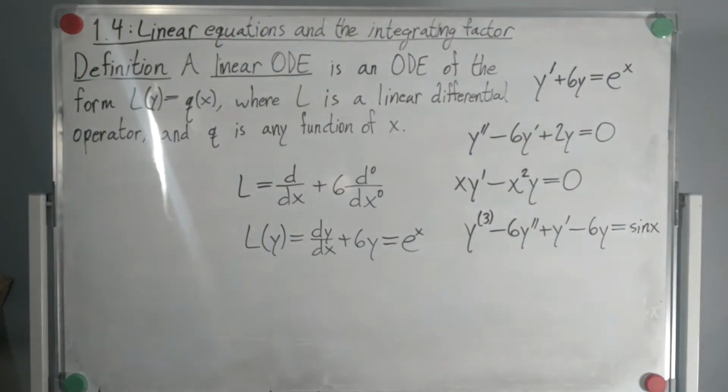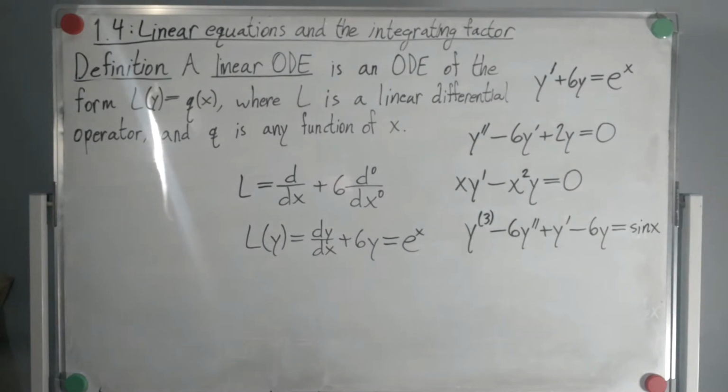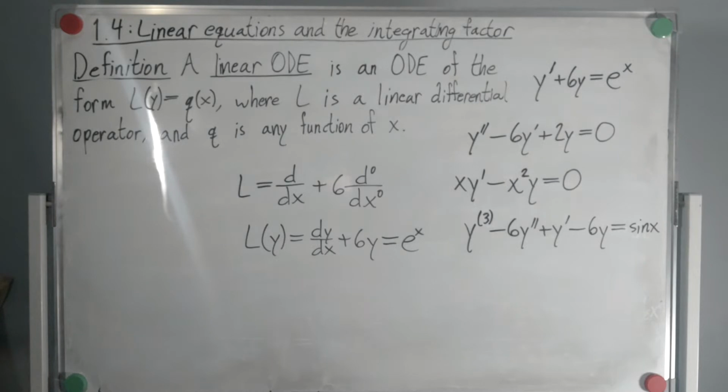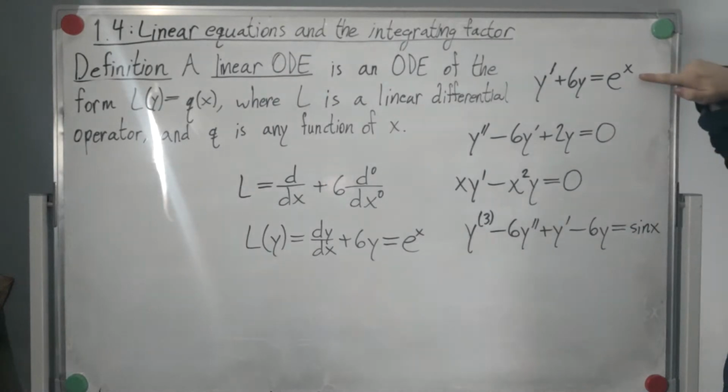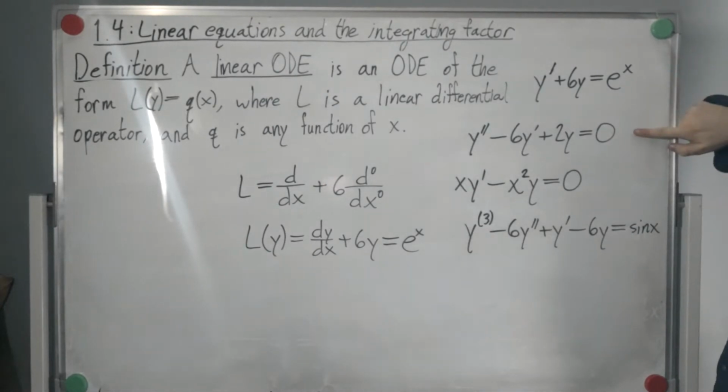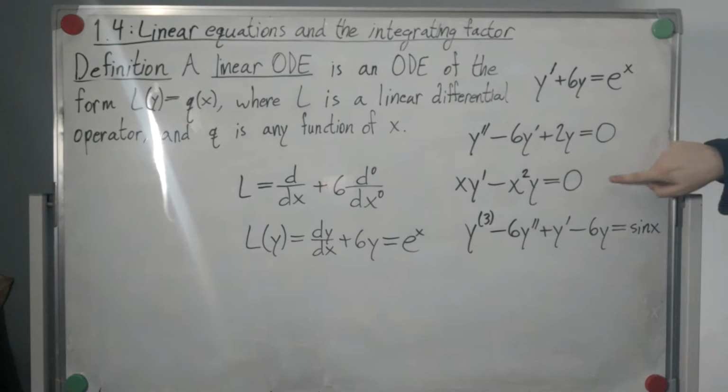Again, taking linear combinations of y and its derivatives and setting it equal to a function of x. And again, just to refresh our memory, this is a first order ODE, a second order ODE, a first order ODE, and a third order ODE.